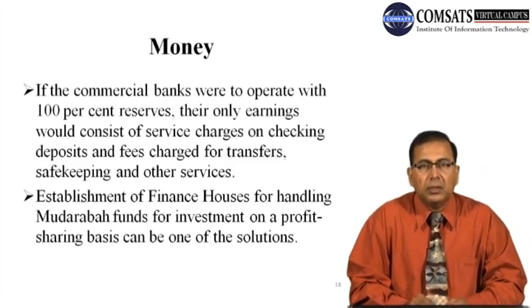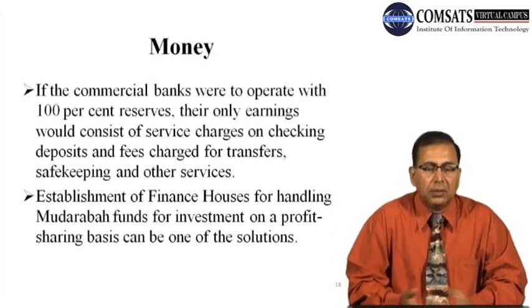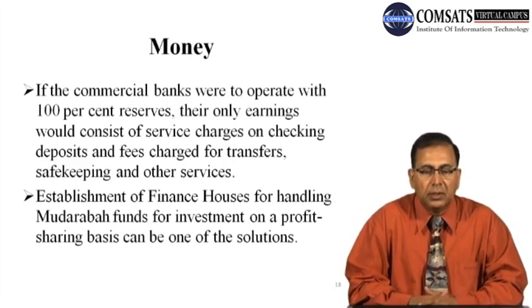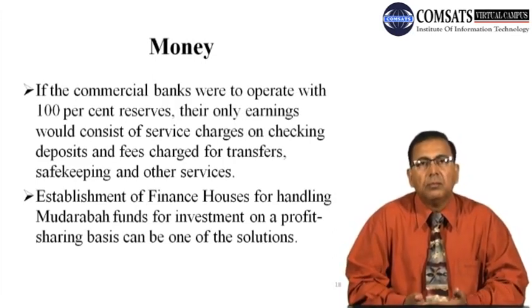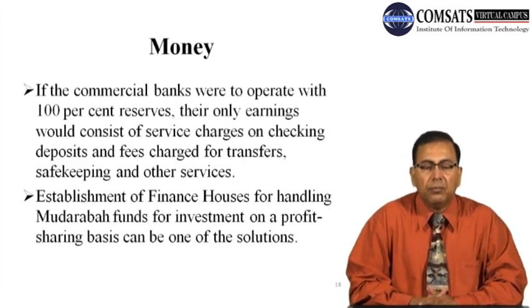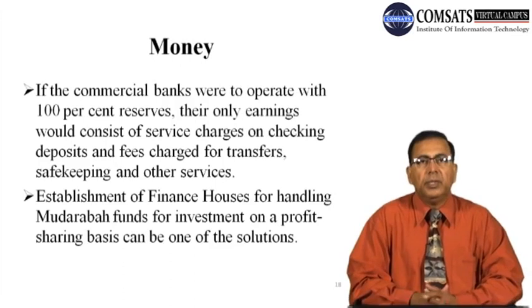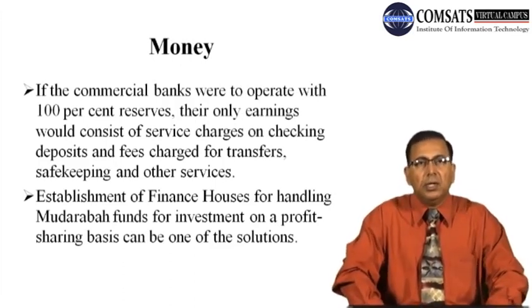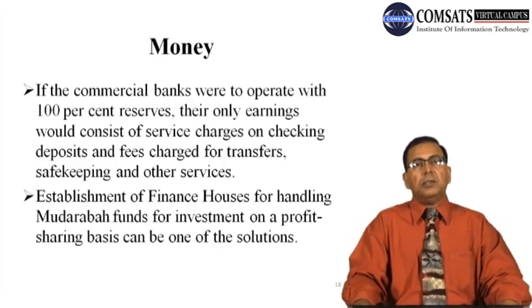But this point of view was later on rejected, because if the commercial banks were to operate with 100% reserves, their only earnings then would consist of service charges on checking deposits, fees charged for the transfer, safekeeping and other services. It means if a 100% reserve ratio is used, then what would happen?